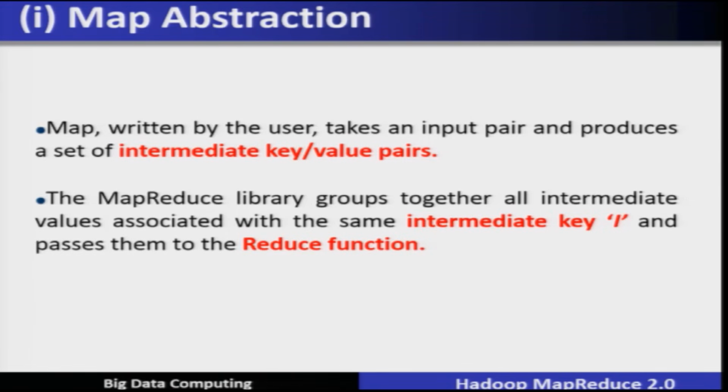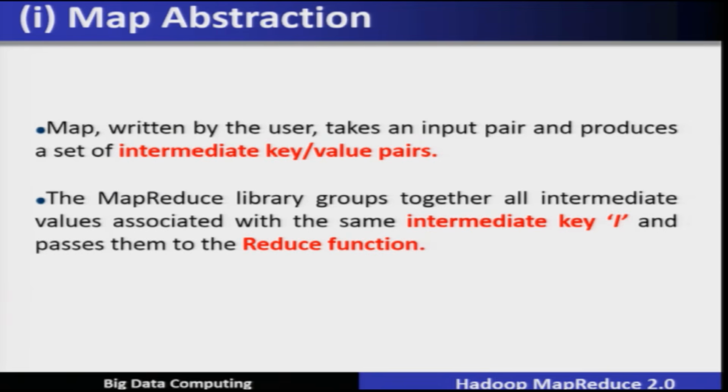Map abstraction is written by the user, which will take the input pairs and produce the set of intermediate key value pairs. This function is to be written based on the application, and the programmer has to write down as per the application what is to be done in the map function, and the remaining part will be taken care of in the reduce function.